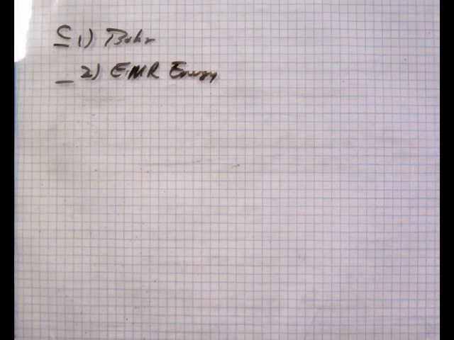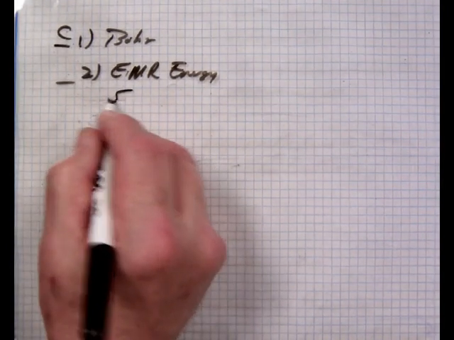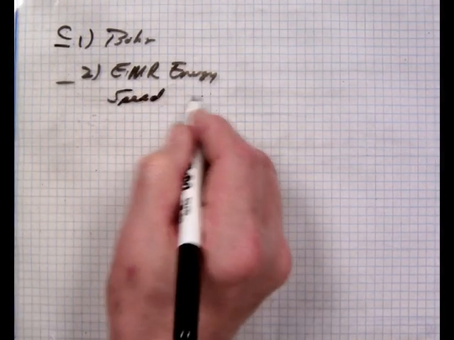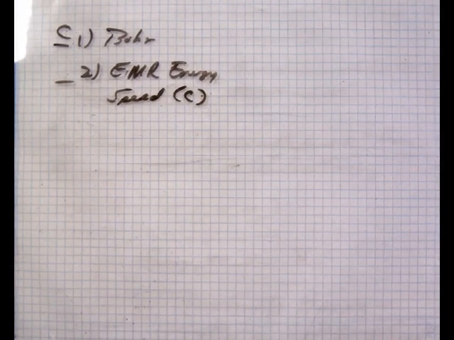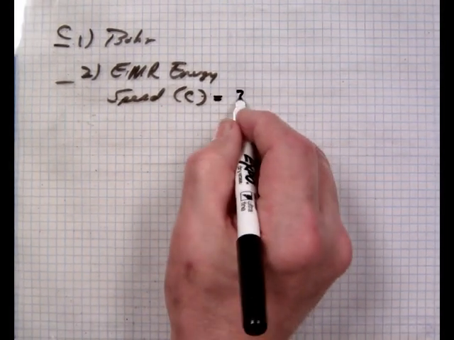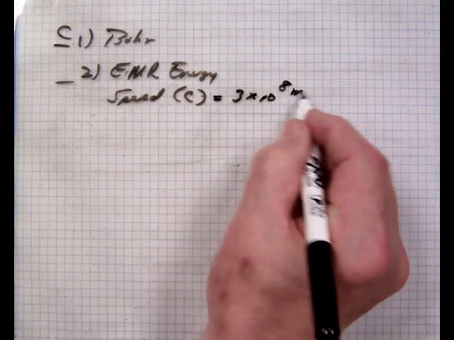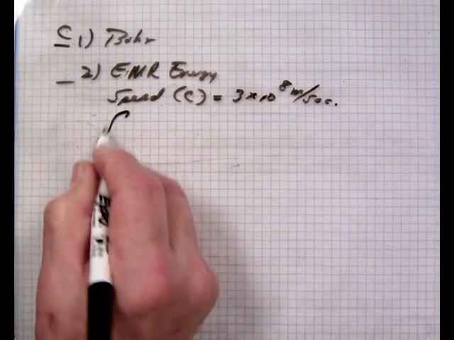You have 3 wave variables. You have speed, which for all light is the same: 3 times 10 to the 8 meters per second all the time in vacuum. You have frequency.